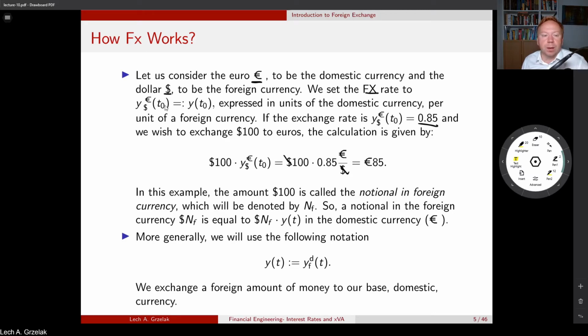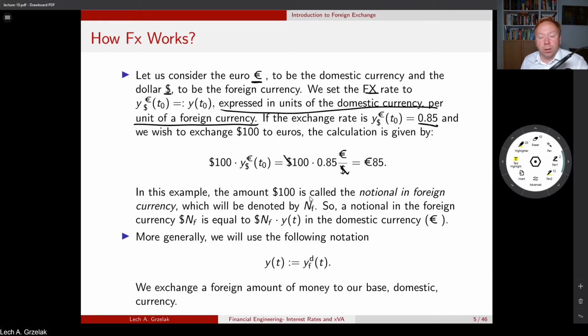Again, the FX rate is expressed in units of domestic currency per unit of foreign currency. This is the key element here: per unit of foreign currency. So per unit of $1, we have 0.85 euro.